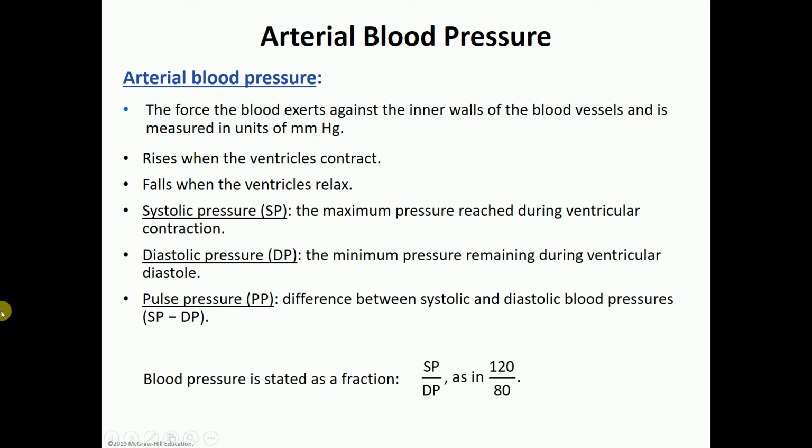So your pulse pressure is equal to the systolic pressure minus your diastolic pressure. Blood pressure is usually stated as a fraction where the systolic is on top and the diastolic is the denominator on the bottom. And normal is about 120 over 80. It's obviously a range, but that is the average normal.